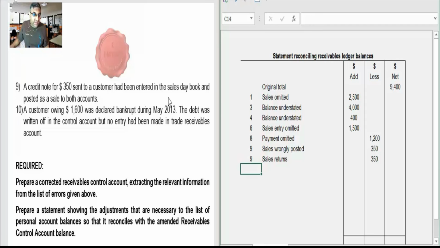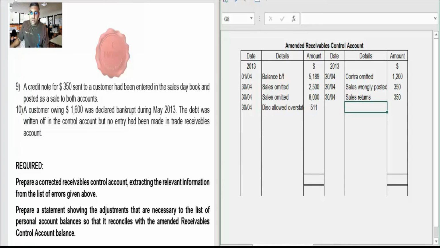And finally, error number 10. A customer owing $1,600 was declared bankrupt during May 2013. The debt was written off in the control account, but no entry had been made in the trade receivables account.